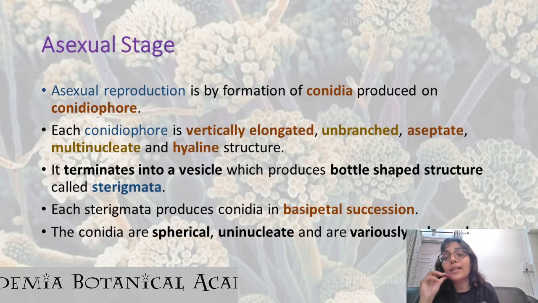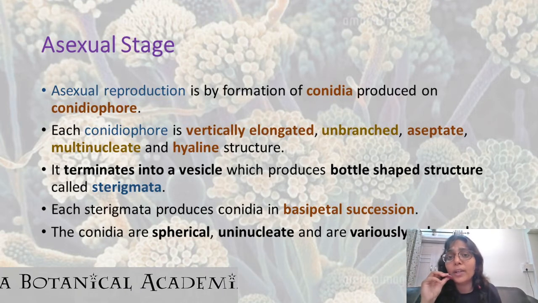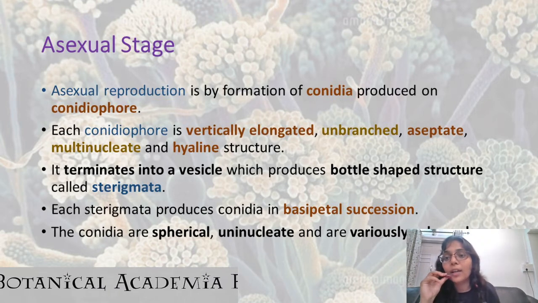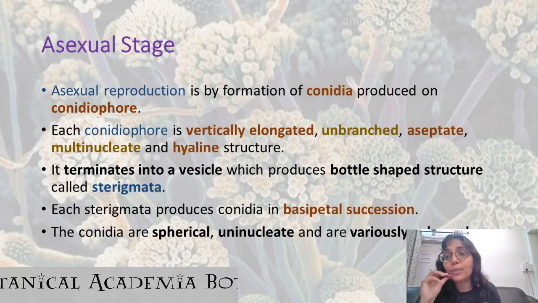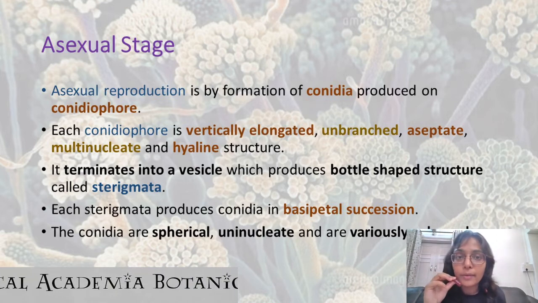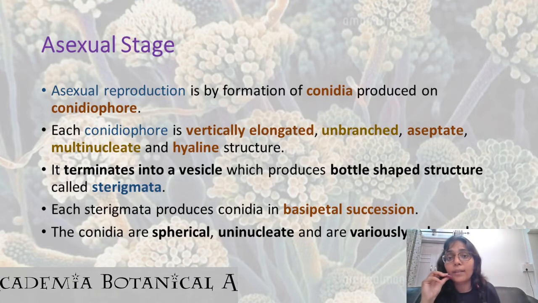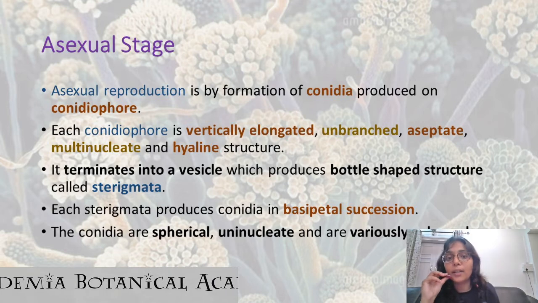So basically a conidium is nothing but a sporangium which consists of only one spore. That is the difference, and that is why we are using two different terms here. In Rhizopus, we called them spores, or rather sporangia. Here we are calling them conidia.